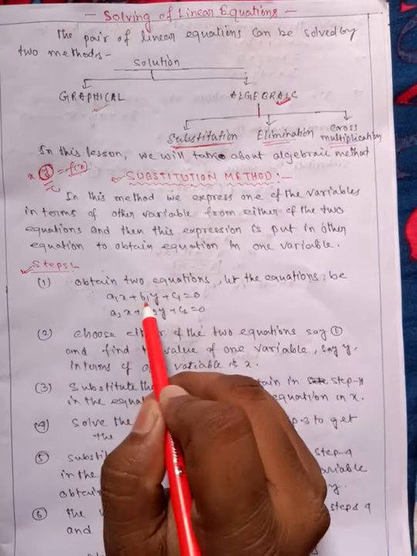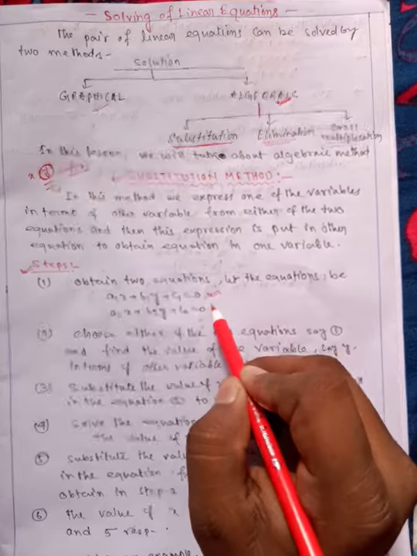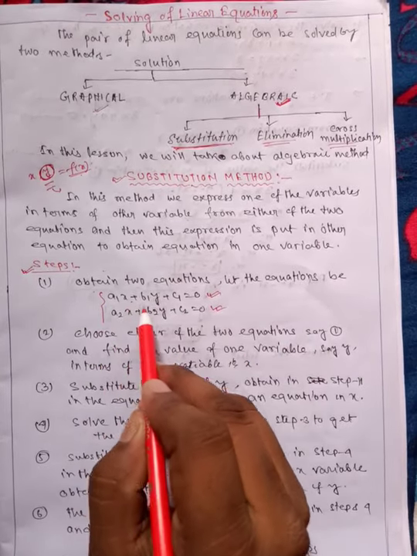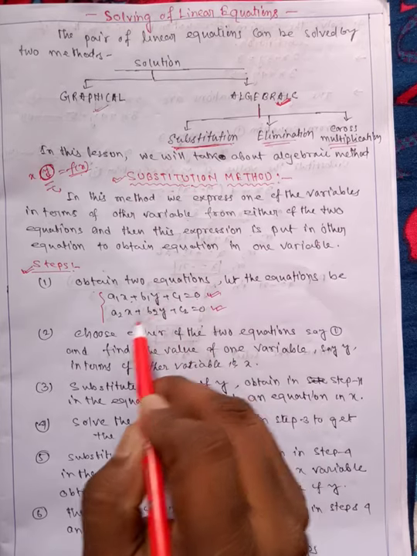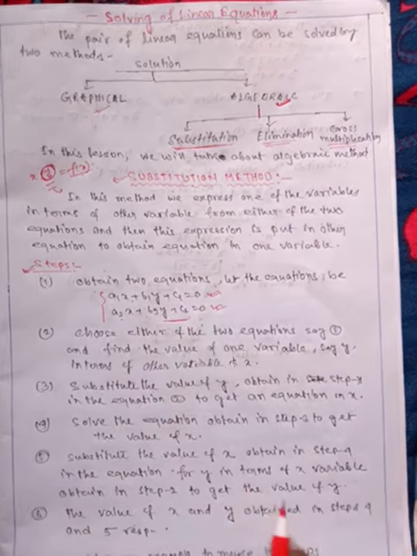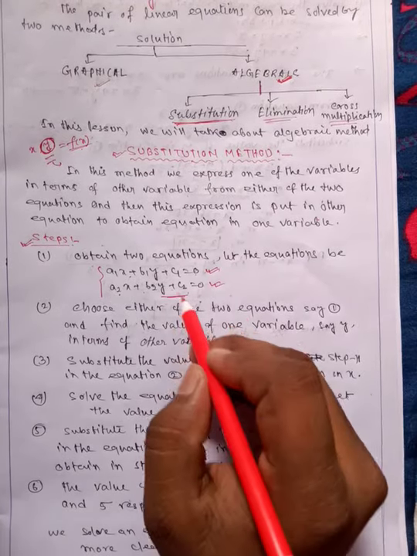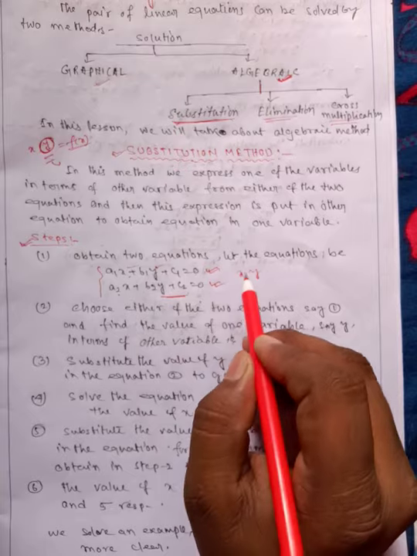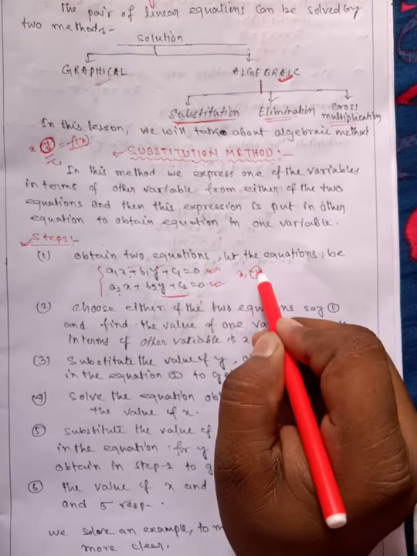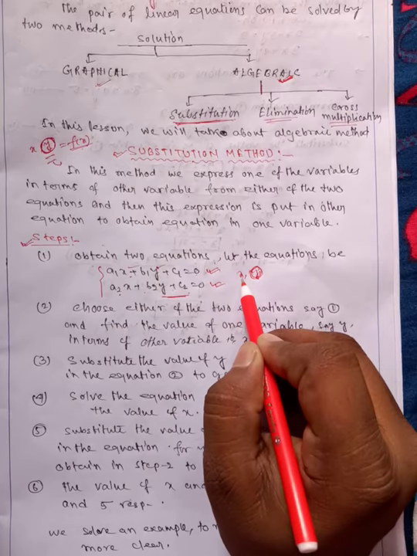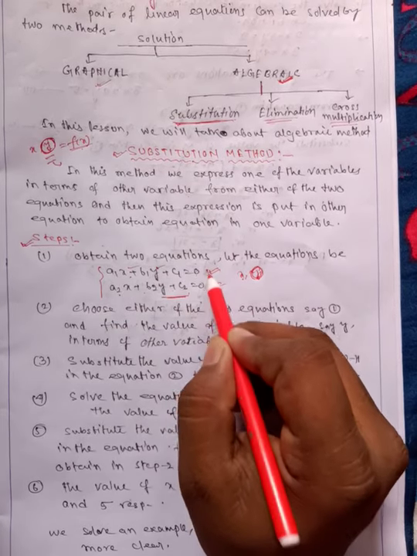First, suppose you have a pair of two linear equations: a1x plus b1y plus c1 equal to 0, and a2x plus b2y plus c2 equal to 0. There are two linear equations. There are two variables, you can see x and y. You can choose any one. Suppose I am choosing y, so I have to express y in terms of x from any of these equations.